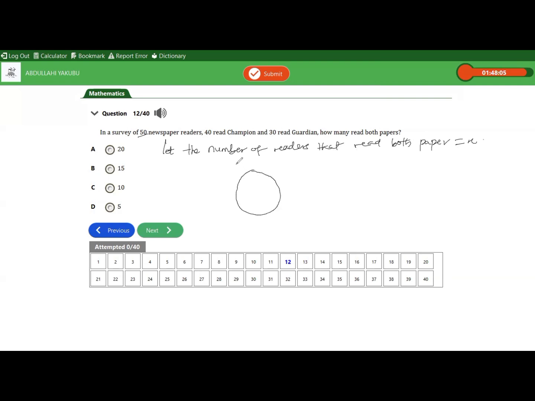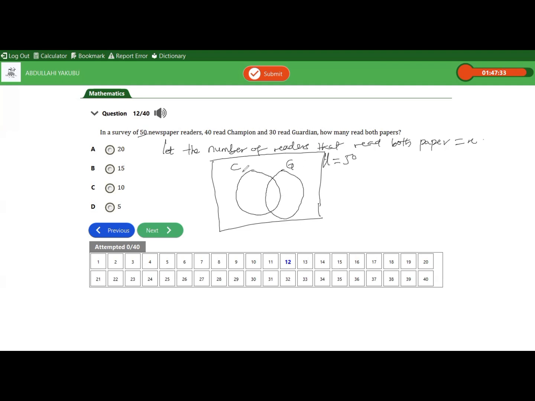Let's assume here is Champion, C, and the next one is Guardian, G. Then here is the universal set, U or mu, equal to 50. It said 40 read Champion and 30 read Guardian.